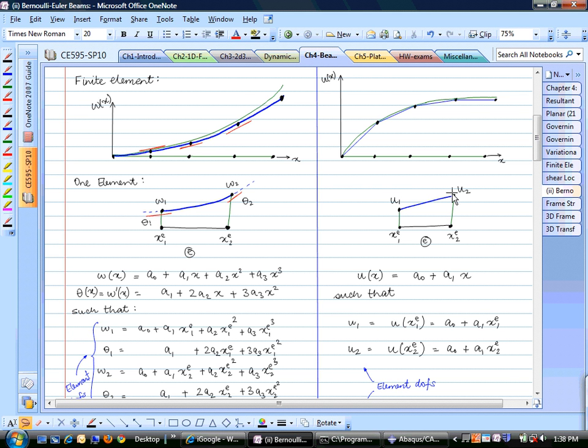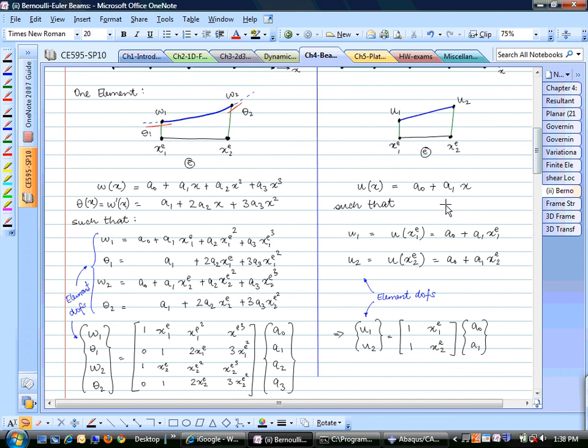Similarly, u2, that's axial displacement, has to be equal to the same expression evaluated at the second node. So if you use this approximation, your job would be to find out what A0 and A1 are.